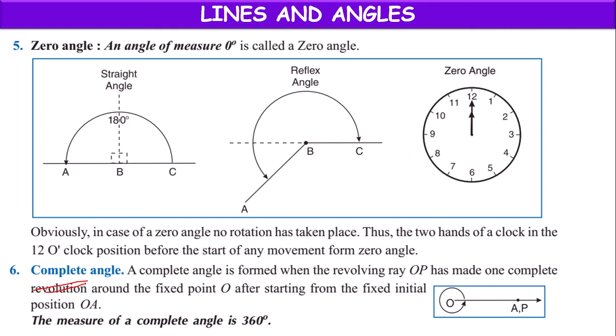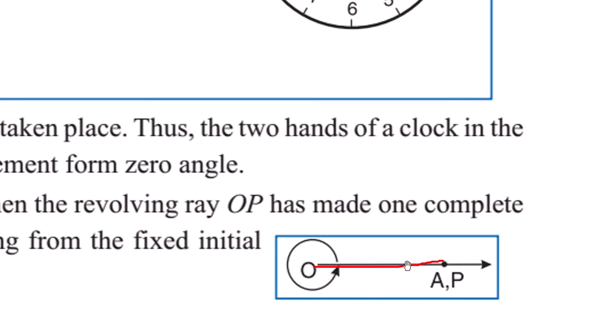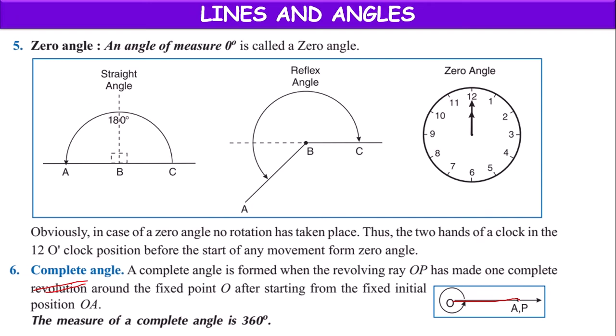Next, complete angle. Suppose we have a ray OP. The OP ray, after making one complete rotation like this, again has come back to OA position, which coincides with OP.